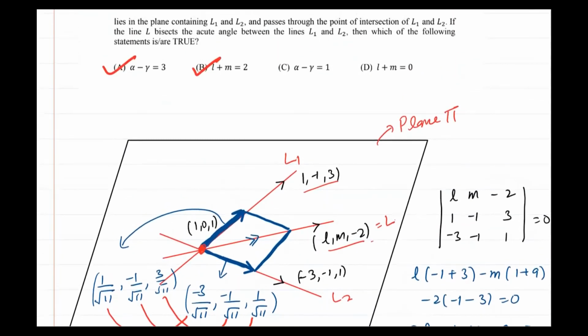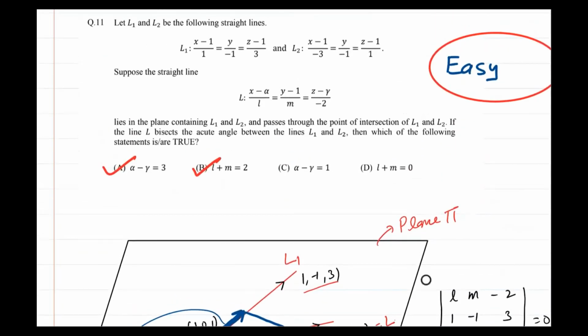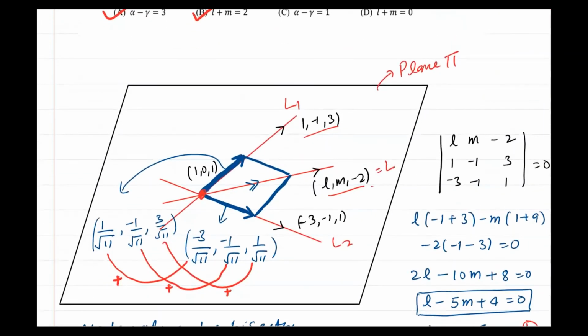And these are the direction ratios of L1 and L2. If you see, the direction ratio of L1 will be 1, minus 1, 3, and this will be minus 3, minus 1, 1. So this is the direction ratio of L1 and this is the direction ratio of L2, right?